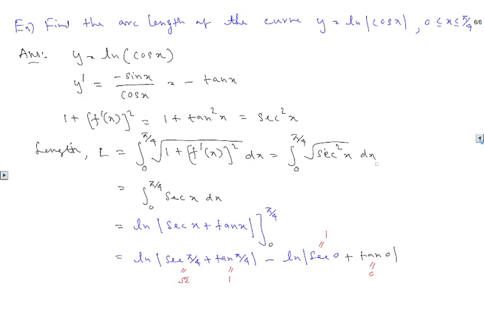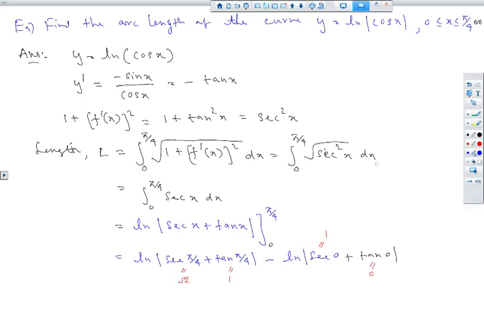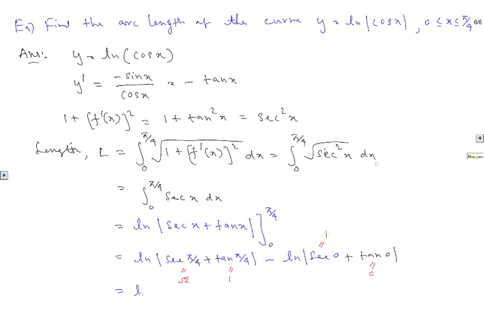So we end up getting ln of square root 2 plus 1, minus ln 1, but ln 1 is 0, so your answer is ln of square root 2 plus 1. So that's what you get.